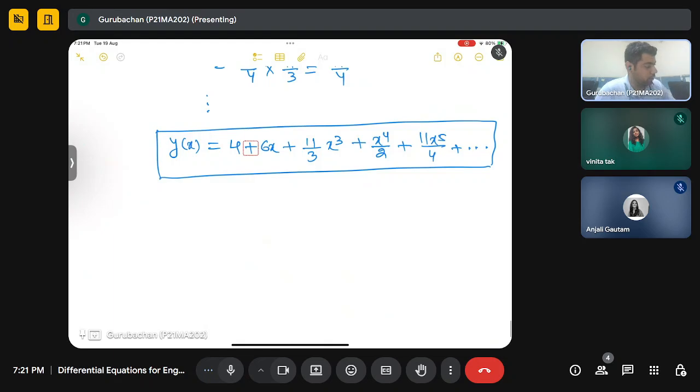So let me give you one more example related to this power series solution.